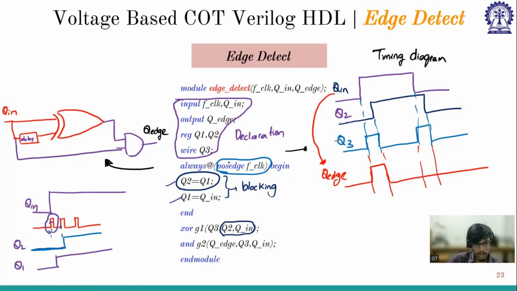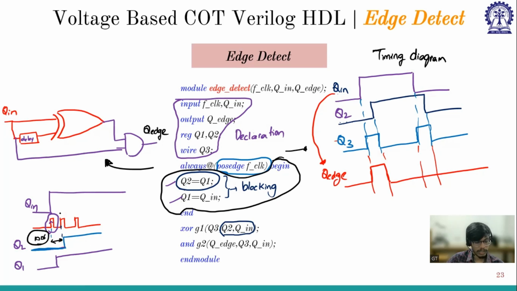Whenever there is a positive clock edge, first Q2 will be assigned with Q1, which is 0, and at the same instant, Q1 will be assigned with Q in. In the next clock cycle, Q2 will be assigned with Q1 and Q1 with Q in. So the delay is 10 nanoseconds.